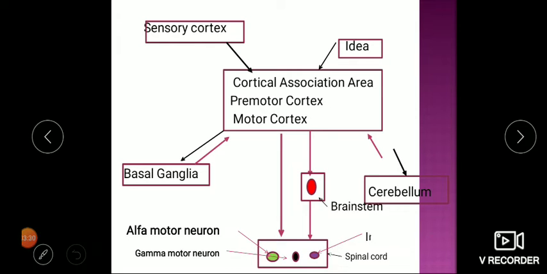Third category is interneurons. So ultimately all the descending tracts are converging their action on either of the three and ultimately leading through alpha motor neuron action, that is called the final command pathway. So let's move forward and see what are these different tracts.